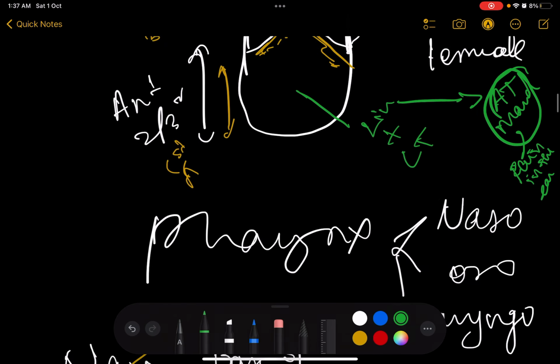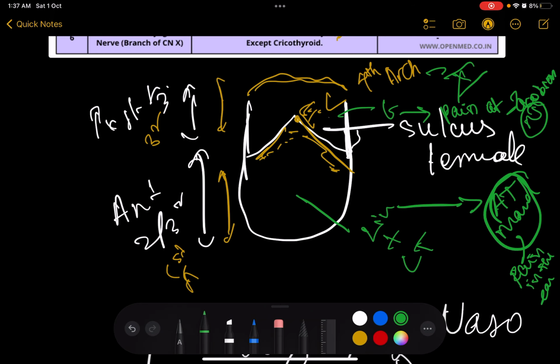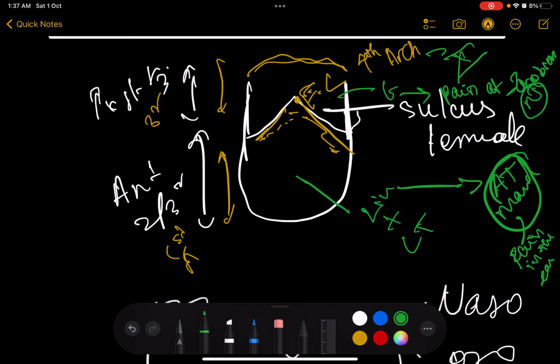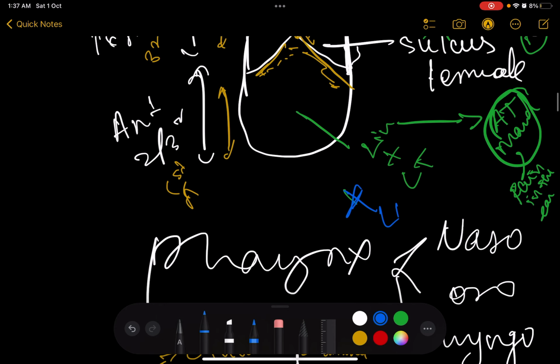Very important to know is that the muscles of the tongue are supplied by the hypoglossal nerve. So the hypoglossal nerve palsy is going to lead to deviation. Let's say there's a palsy on this side, that is the left, and this is the right.